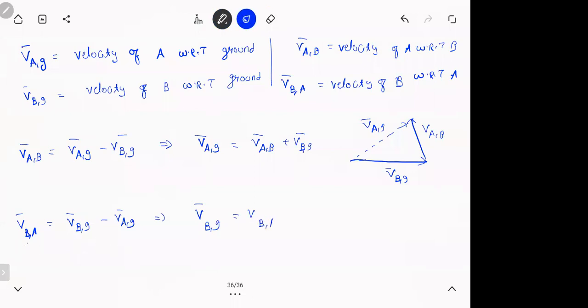Velocity of B with respect to A plus velocity of A with respect to G. I'm asking moon with respect to sun is equal to moon with respect to earth plus earth with respect to sun. Make sense?